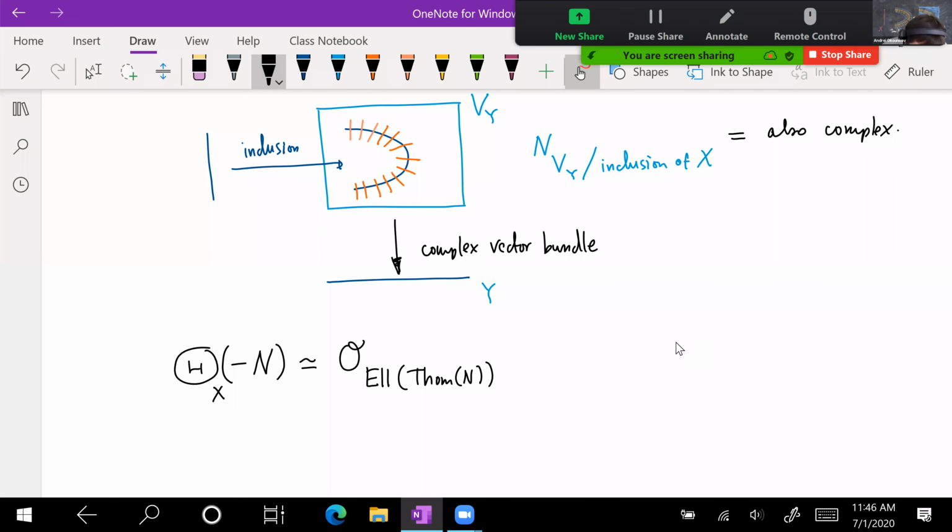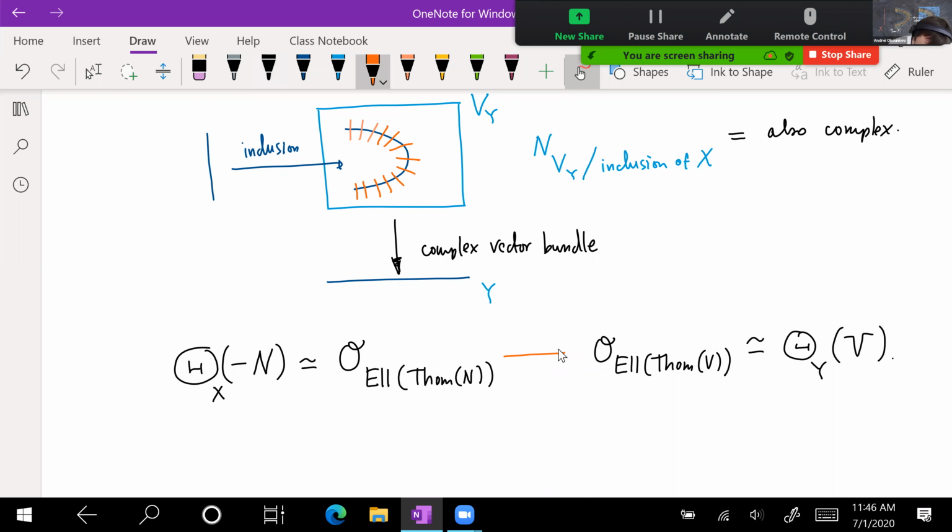And then we have the elliptic homology of the Thom space of V, and that is isomorphic, by the same token, to O over Y of V. And now here we have a map.